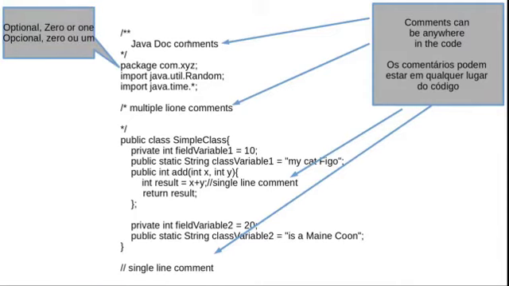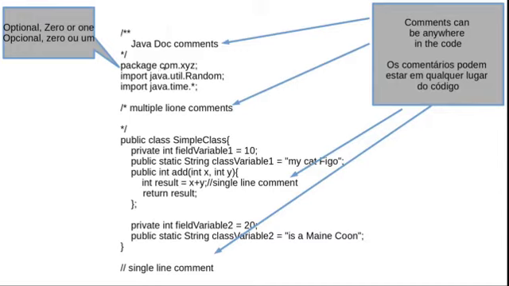Then you can have a package, and we will still talk about packages in future lessons. A package, if you do use one, has to be the first line of your code, not necessarily the first line of everything in here, because you can have comments before the package.